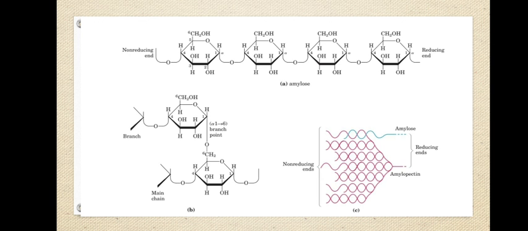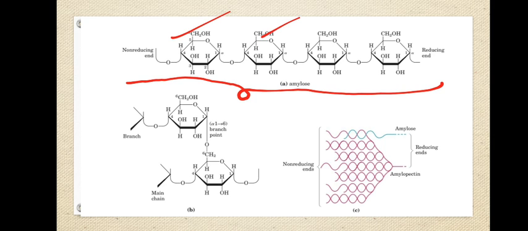You can see amylose here. This is a long chain of glucose molecules. This is one glucose, second, third, and like this it continues on both sides. Remember, we have discussed that two glucose units are connected by a glycosidic linkage.